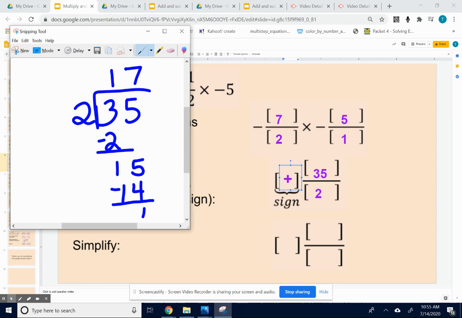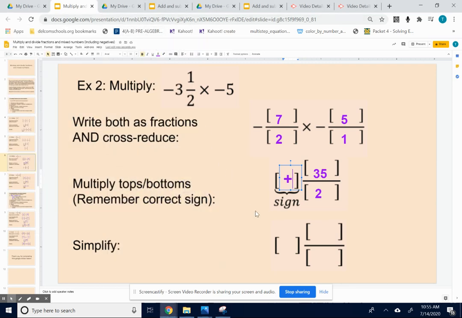Subtract, you get a remainder of 1. And put that 1 over the 2 that we divided by. So 17 and a half, another way to write this would be 17 and 1 over 2.